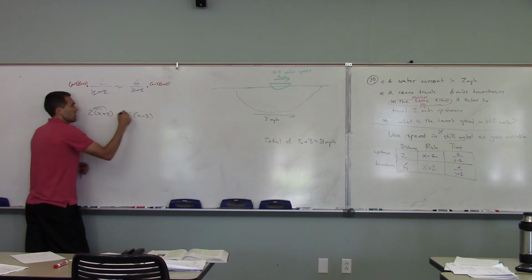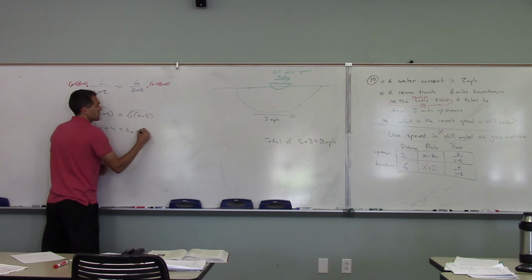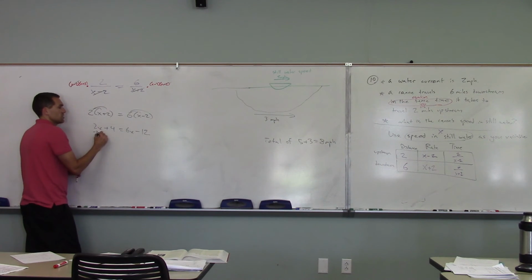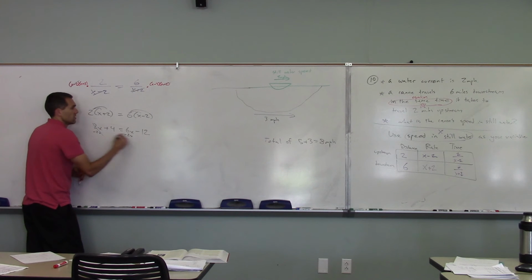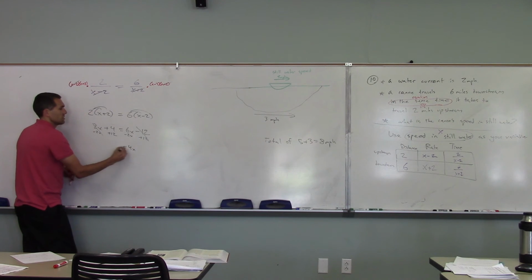We go 2x plus 4 equals 6x minus 12. Minus 2x, plus 12 on both sides, 16 equals 4x. Divide by 4, x equals 4.